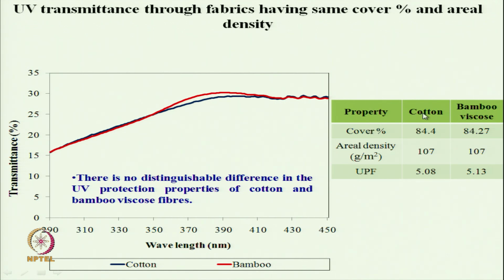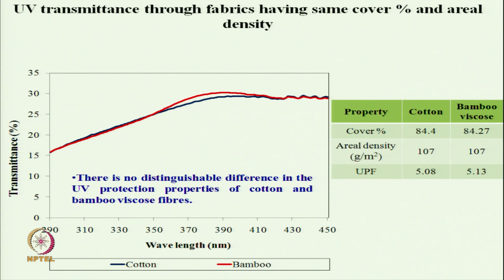So, effectively cotton and viscose, as far as mass per unit area and cover percent are concerned, they are exactly same, and for that this figure shows there is effectively no change, no distinguishable difference in UV protection properties of cotton and bamboo viscose fiber.